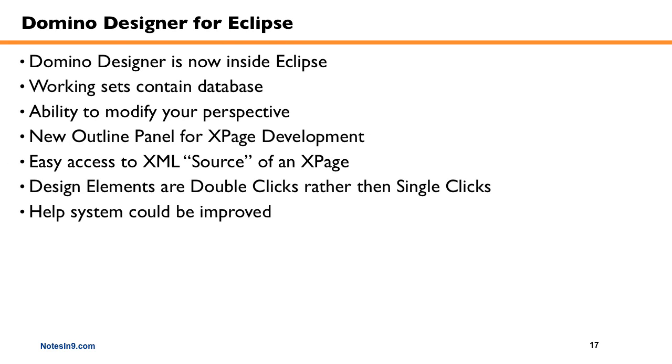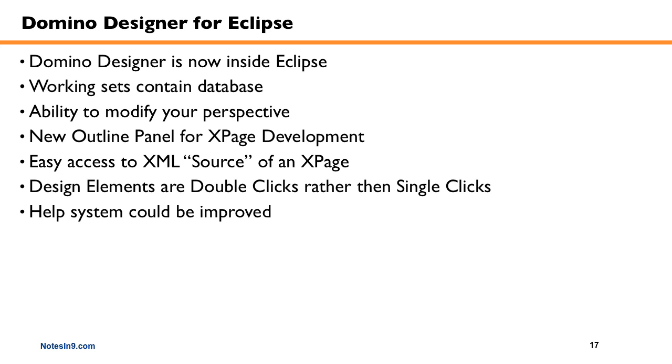Okay, so another thing to go over quickly is the changes to Domino Designer, if you haven't seen those yet, if you're still on R7 or earlier. Domino Designer is now inside Eclipse, and Eclipse is what makes a lot of this stuff work. So you're going to have these working sets, and you can have multiple working sets to hold your different databases. You can group them by related databases. It's important to note that you have the ability to modify your perspective.